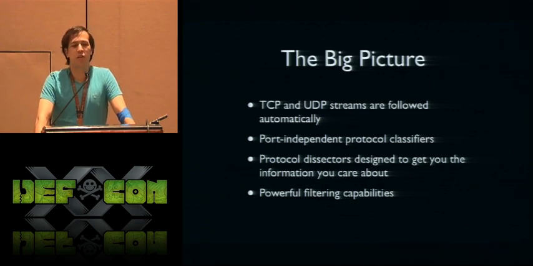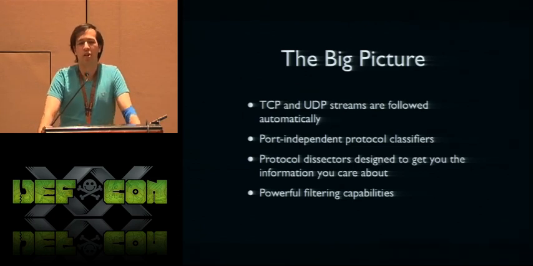But even better than that, the protocol classifiers have the ability to give the program information that they can filter on at an application level. One example is the HTTP classifier and dissector allow you to filter your HTTP traffic by user agent, by whatever URL they're requesting, by whether or not it had gzip encoding, anything like that.